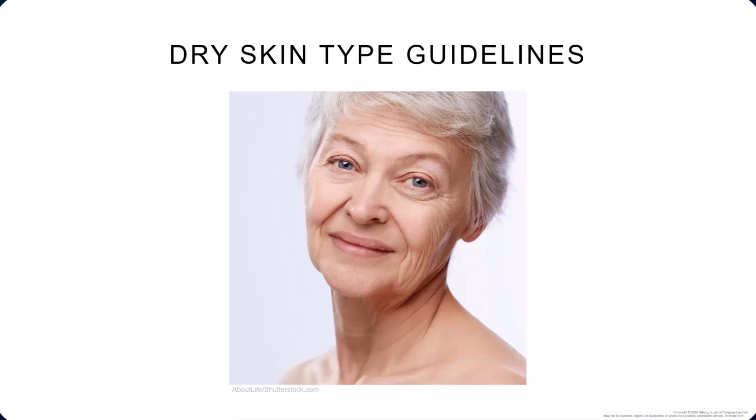And some expert tips: dry skin may often be dehydrated. So remember that dehydration can be in any skin type, but it's going to be more commonly seen in drier skin types just because they don't have that oil to protect the transepidermal water loss. And again, with anybody, we want to reinforce the use of sunscreen.